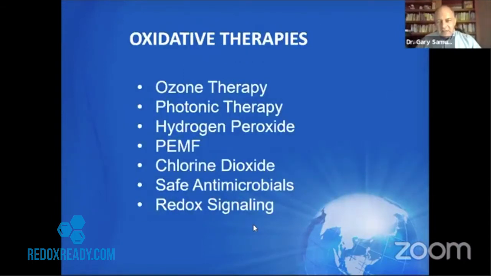Many oxidative therapies today are becoming very popular, like oxygen tents and ozone therapy and hydrogen peroxide, and the ways that we stimulate oxidative processes inside of our body through light and electromagnetic radiation. All of these have to do with the redox signaling process. So they're trying to stimulate and create the redox signaling inside the body that will heal damaged tissue.